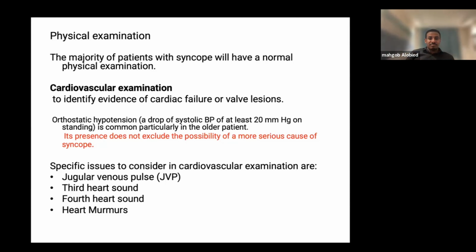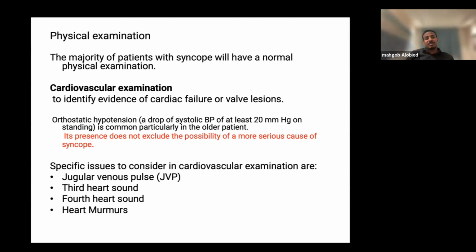But this definitely will not prevent you from searching for other reasons for syncope, because especially in elderly, syncope can happen and maybe there are multiple causes. So don't get fooled by the simple and obvious cause and miss the other serious causes. So always look for multiple causes, especially in elderly.